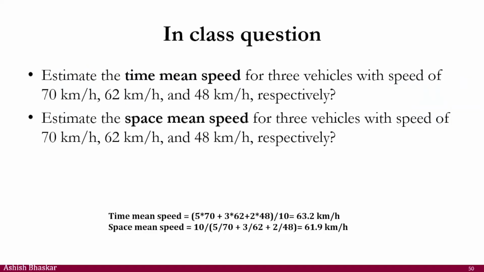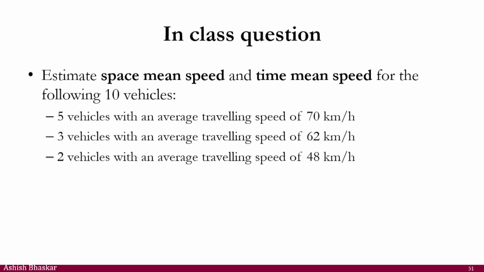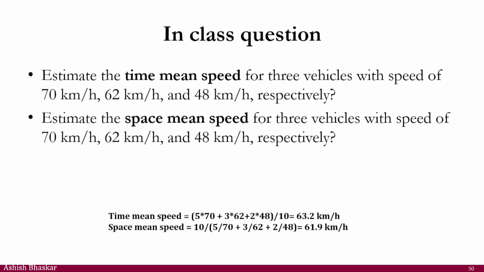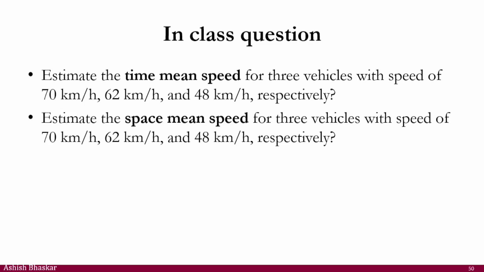My bad. This is the answer for the next question. Yeah, it may be 60 perhaps. You're taking the arithmetic mean then. So the first one you have taken arithmetic mean, second one you have taken harmonic mean. That's all, right? Can you tell me the true values?